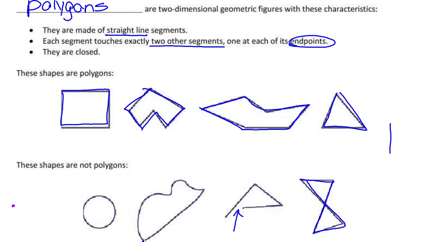Exactly, each segment touches only two other segments at the endpoints. That's where we start to run into problems. If I look at this line segment here, it touches not only at the ends, but it also touches in the middle, and that's a big no-no. It can only touch at the end point. Because it's twisted, that's why it can't be a polygon.